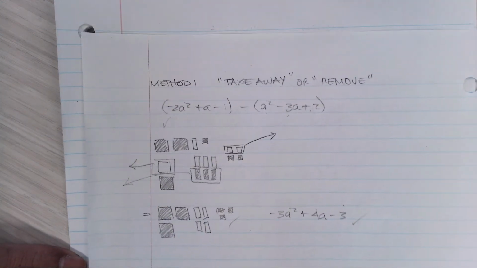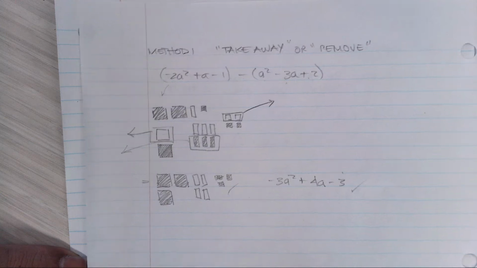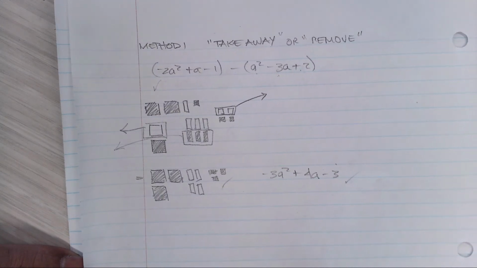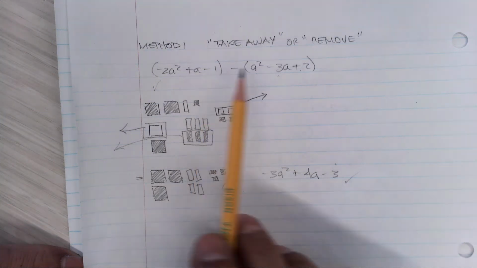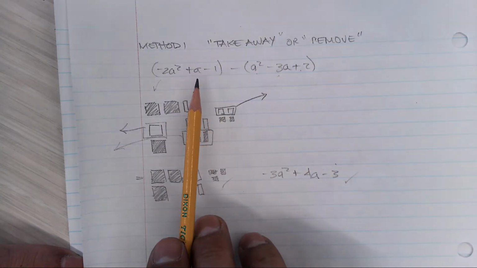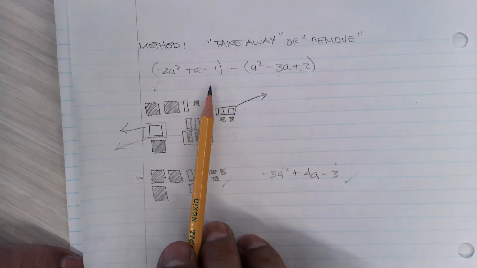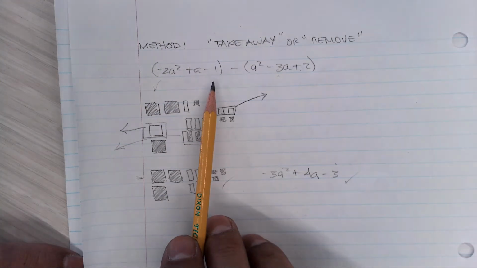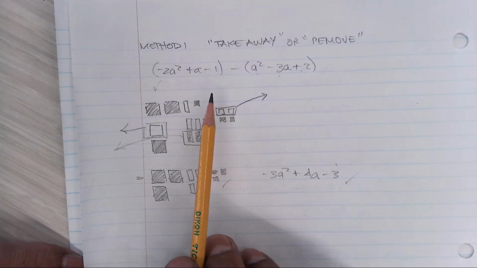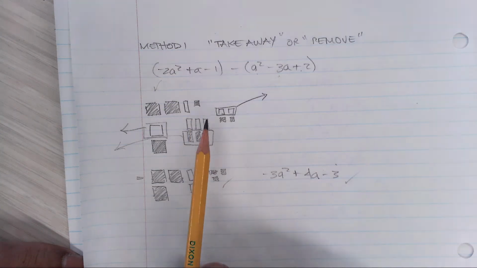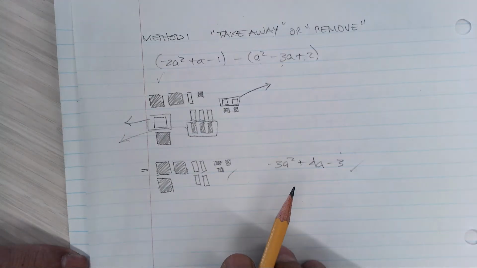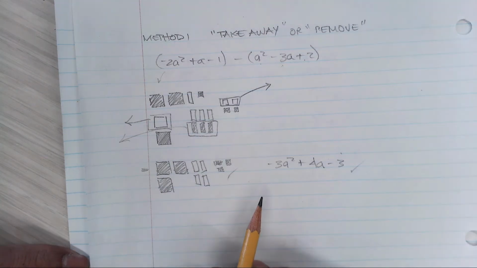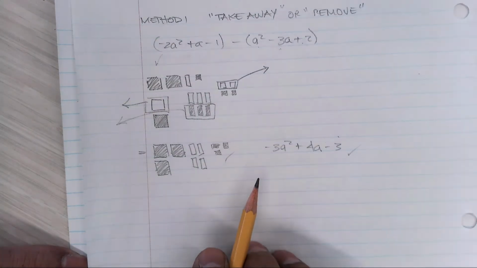Now, I'm going to show you method number 2, in case you're not a fan of method number 1. In your assignment, you actually have to do this method, and they show you diagrams of what they're taking away. This is question number 4, A and B in your assignment. But if you don't like method number 1, may I show you method number 2, which I actually like a little better.